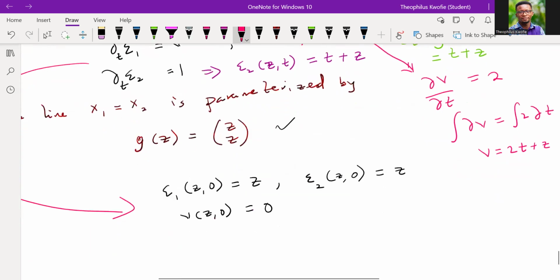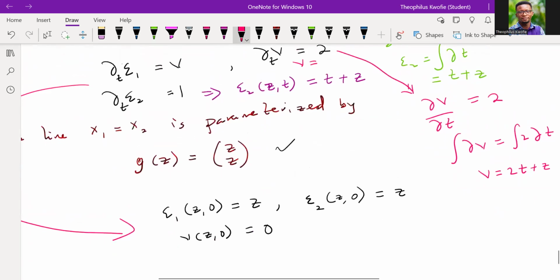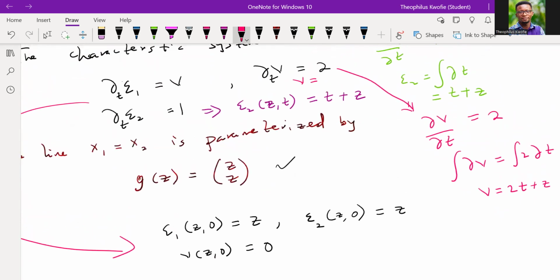So now what then becomes the partial of xi1 with respect to t?